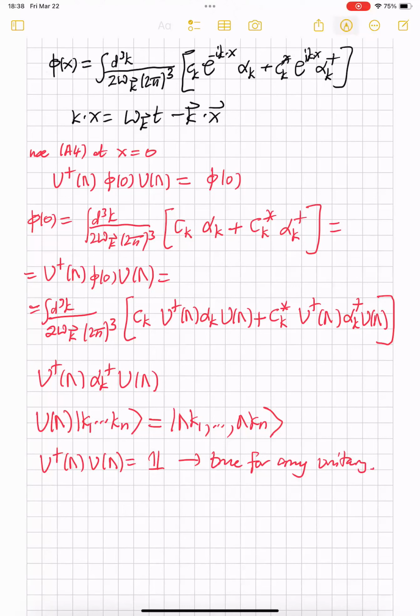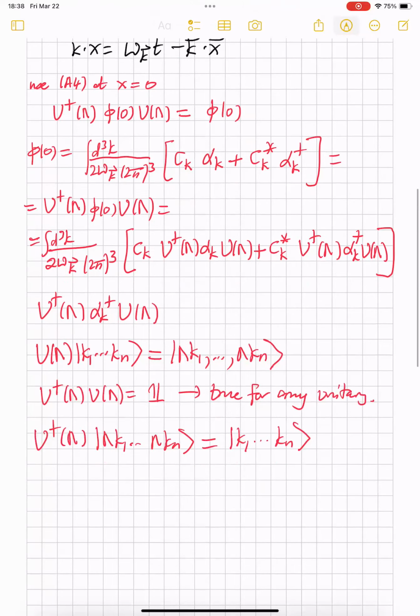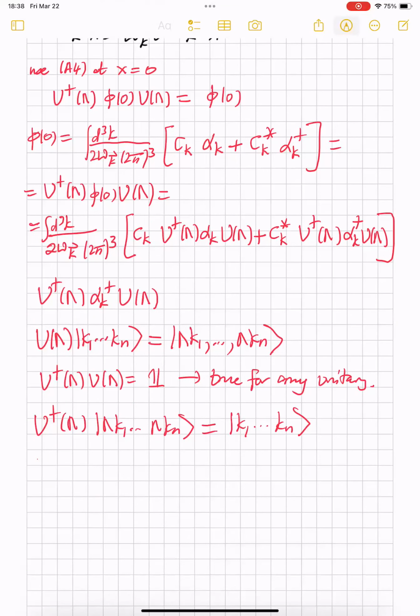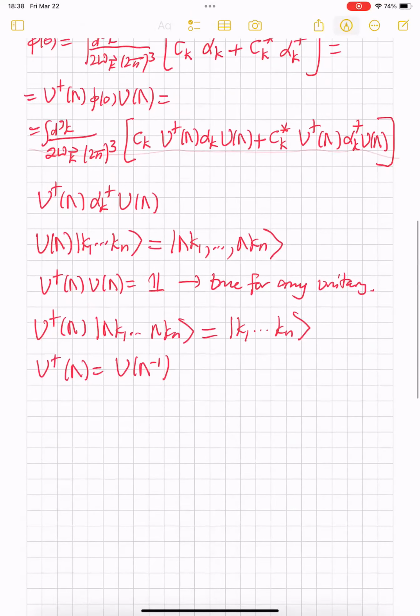But what that means is, if we take u dagger of lambda and act on lambda k1 up to lambda kn, this is u dagger u on the state k1 up to kn, so we must just get k1 up to kn. Make sure you understand why I wrote that equation. It follows from what we've written down. Equivalently, we can also write u dagger of lambda as u of lambda inverse. Good.